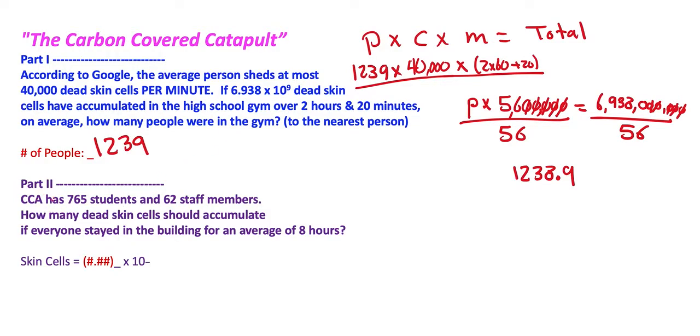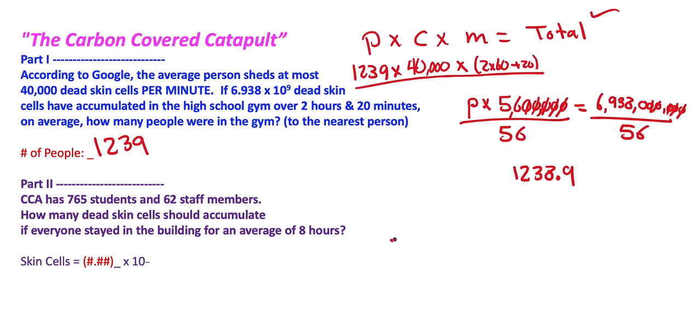Here we go. Part 2 is the reverse. So we have 765 students and 62 staff. How many dead skin cells would accumulate if everyone stayed in the building for an average of 8 hours? Gross, okay? So let's get the total number of people. So if we add 765 and 62, we're following the formula right up here, so we're going to use it twice.